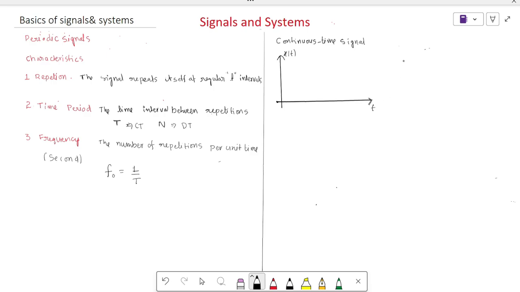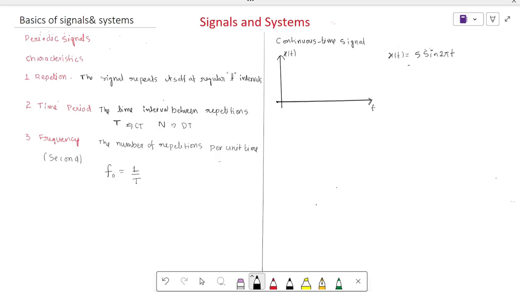This x of t, I'm taking x of t equal to something like 5 sine of 2 pi t.